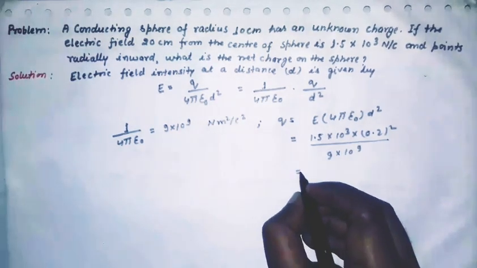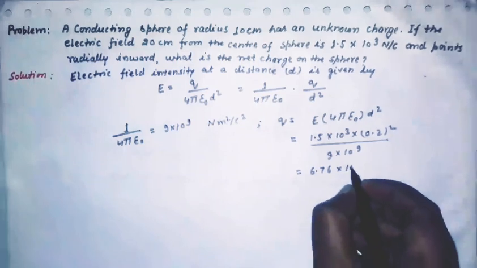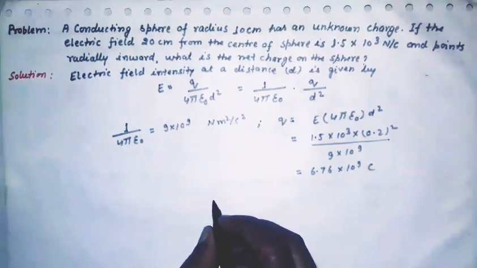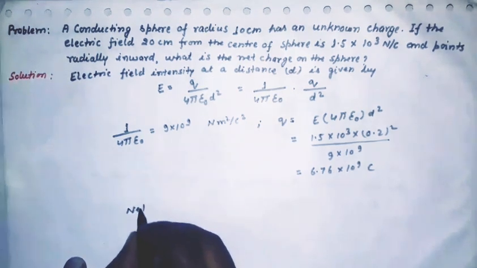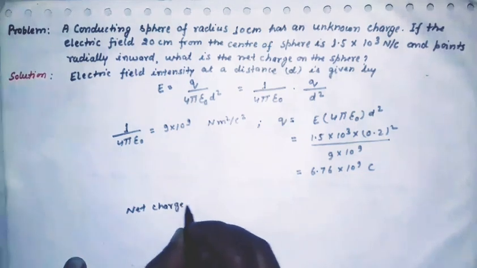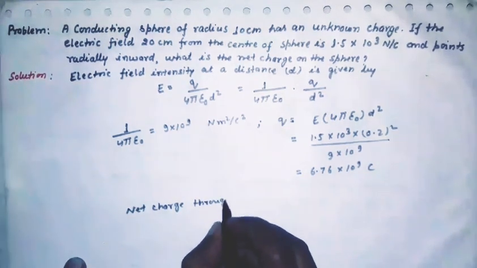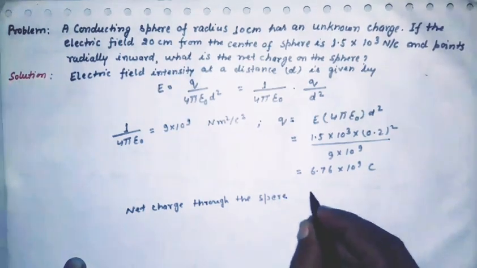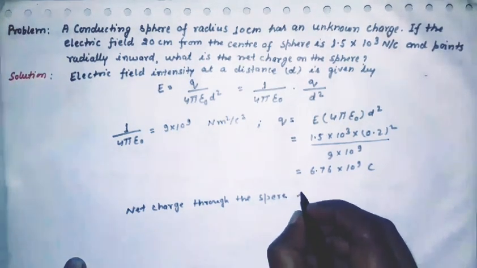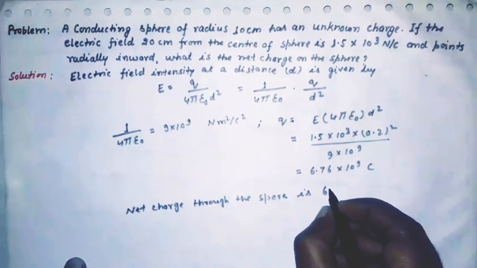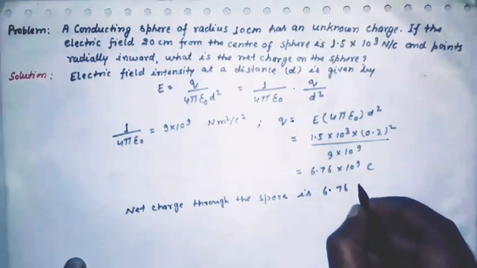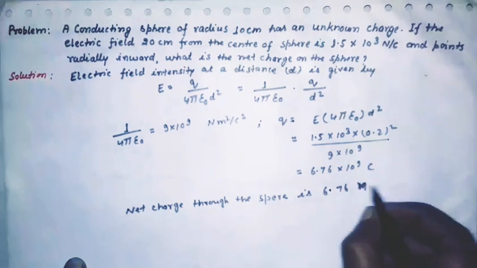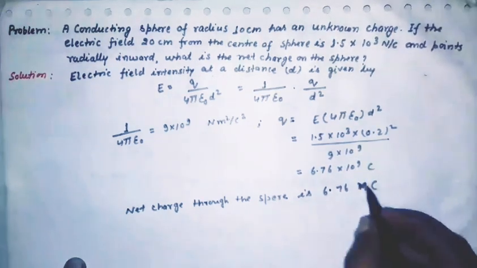So this will be 6.76 into 10 to the power minus 9 coulomb. So now Q is known. So the net charge on the sphere is 6.76 nanocoulomb.